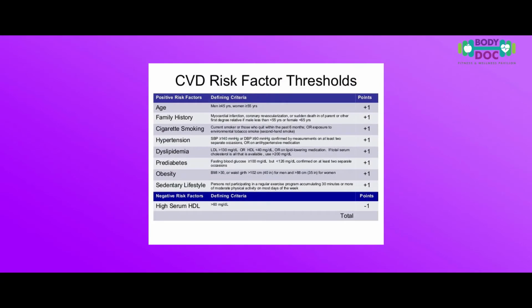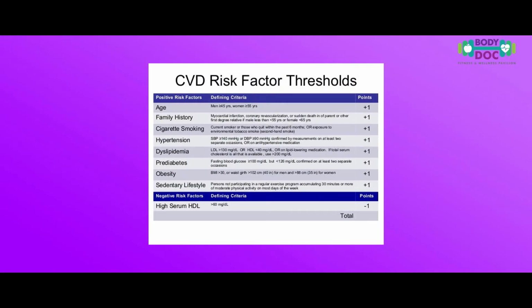I think we discussed the atherosclerotic risk factors for cardiovascular disease, but we'll summarize them again. Age, if you are a male more than 45, or a female more than 55, would give you a +1 point.